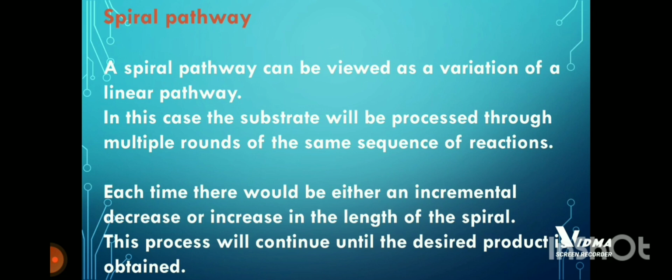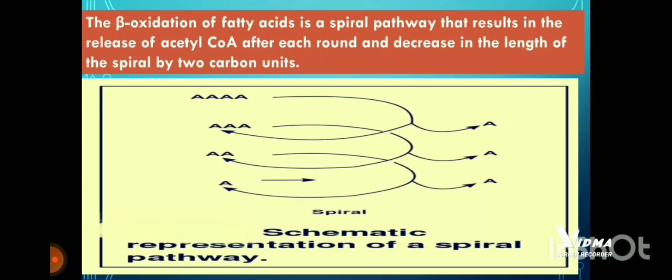It means during the process of the spiral pathway, the length is either decreased or increased, and this process continues until the desired product is obtained, means the final product is obtained. The beta oxidation of fatty acids is a spiral pathway.